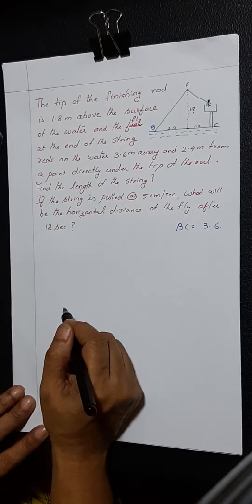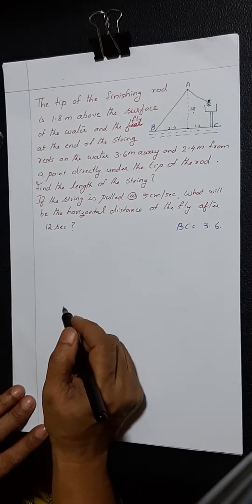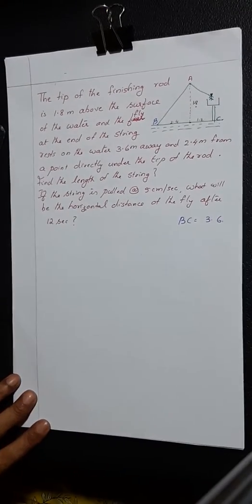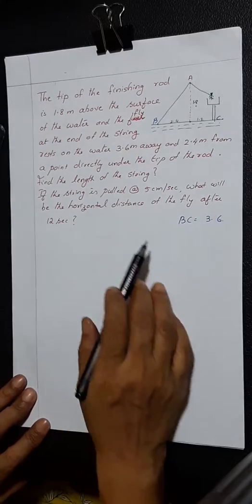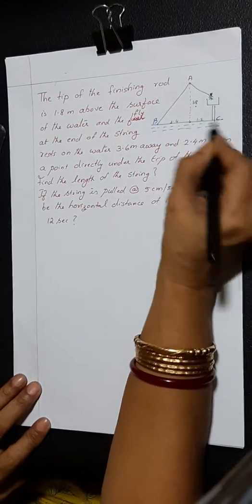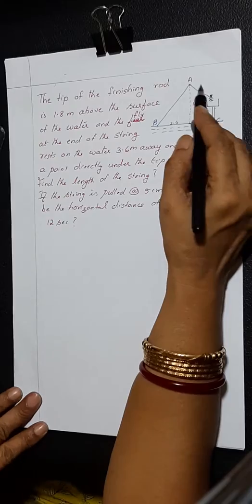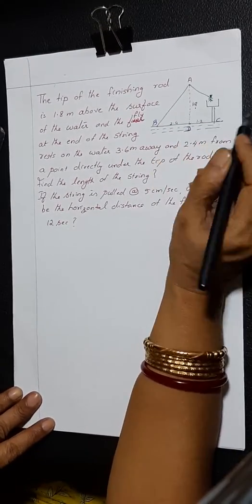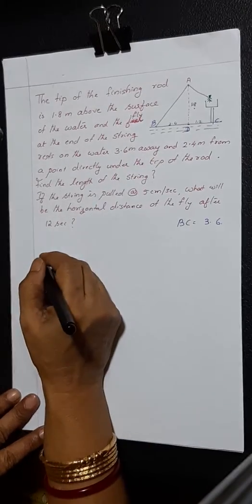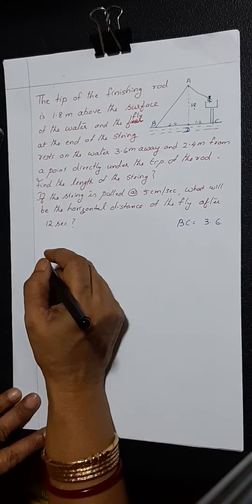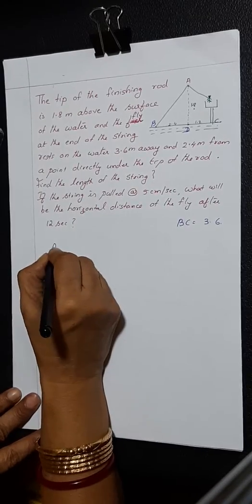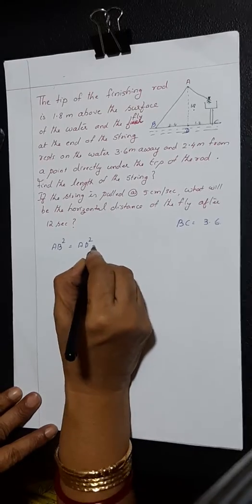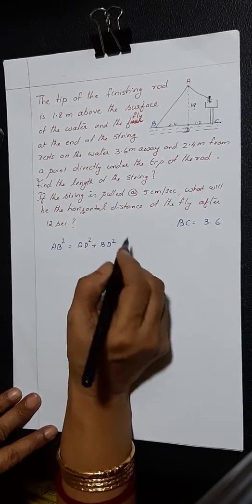First, let us write the points A, B, C and D. In triangle ADB, AB squared is equal to AD squared plus BD squared.